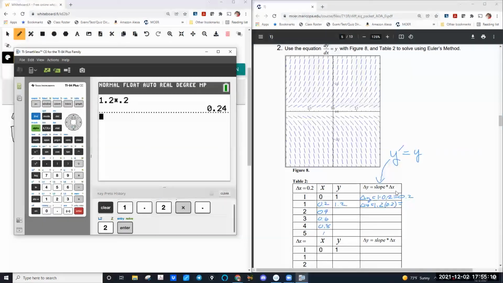So that's my new delta y. And again, that gets added to the most recent y value. So 1.2, add the 0.24, you get 1.44.